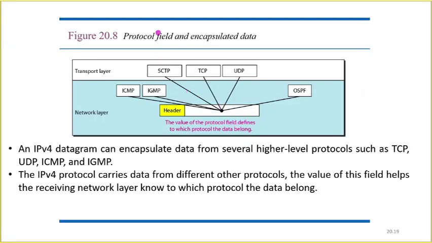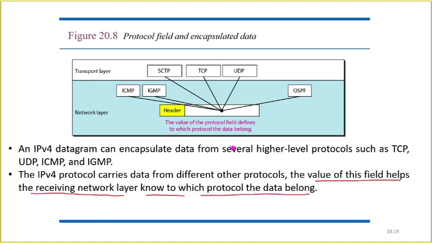Okay. So protocol field and encapsulated data. Here we have seen the same protocol field. An IPv4 datagram can encapsulate data from several higher level protocols such as TCP, UDP, ICMP, and IGMP. So it can incorporate different protocols. The IPv4 protocol carries data from different other protocols. The value of this field helps the receiving network layer know to which protocol the data belongs.